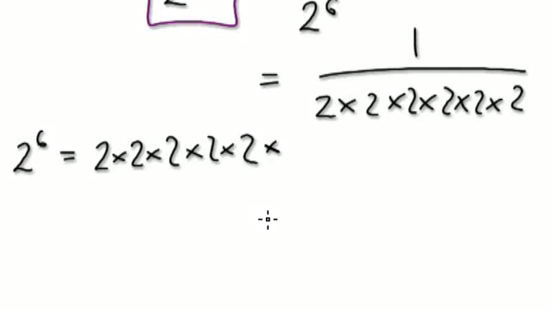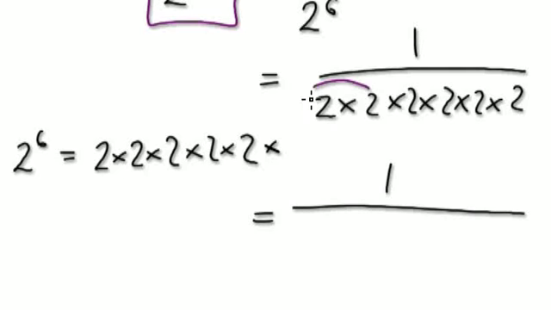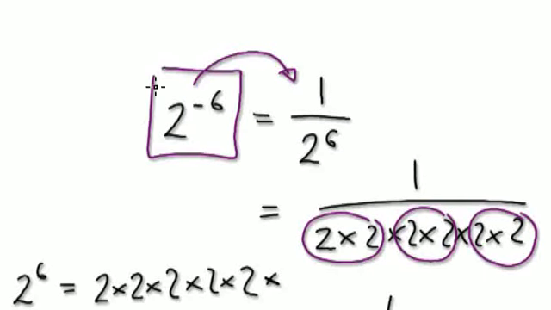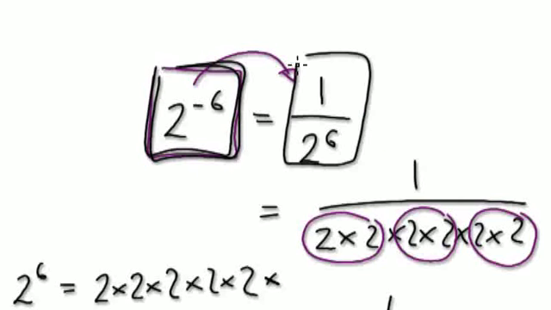Let's merge these two together, that's 4, merge these two together, that's 4, and merge these two together, that's 4. Remember, this is 2 to the power of minus 6, which is hard to visualize, so we jump to this.